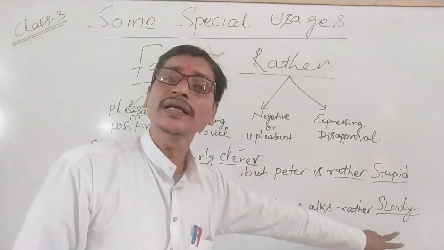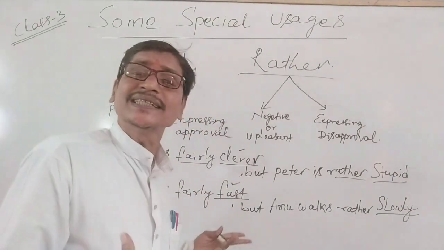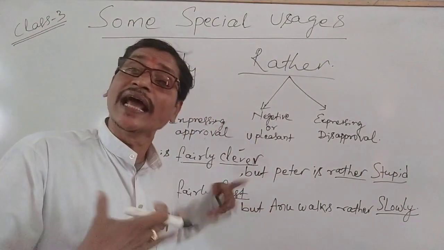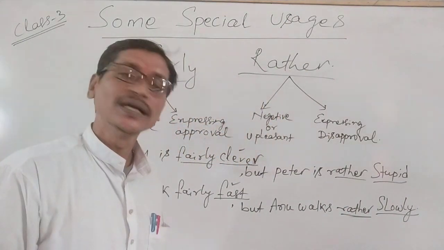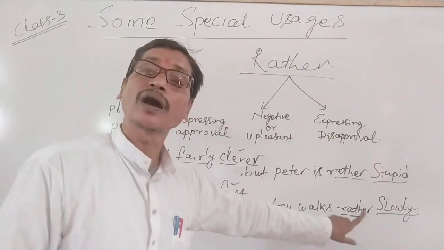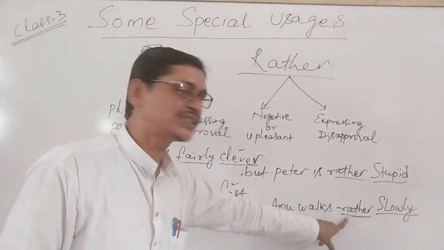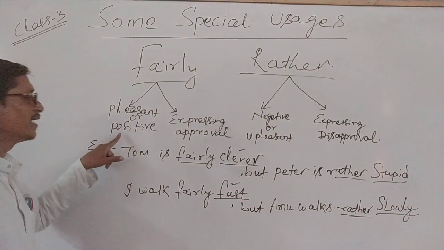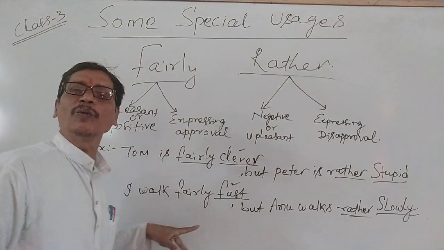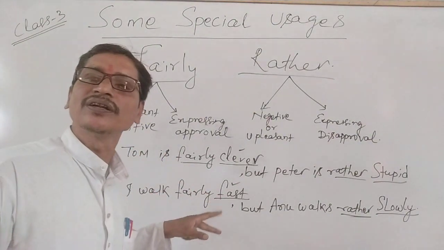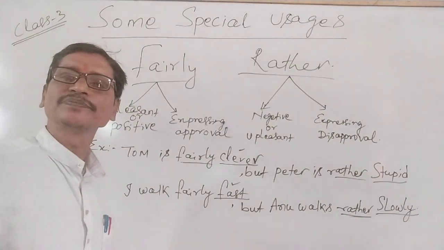Here slowly we think is an unpleasant thing, which is negative. Therefore, we have used rather over here. So for negative and unpleasant things we use rather, and for pleasant and positive things we use fairly. From both the examples, I am sure you did understand.